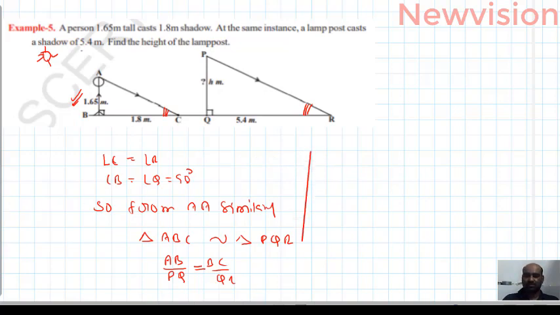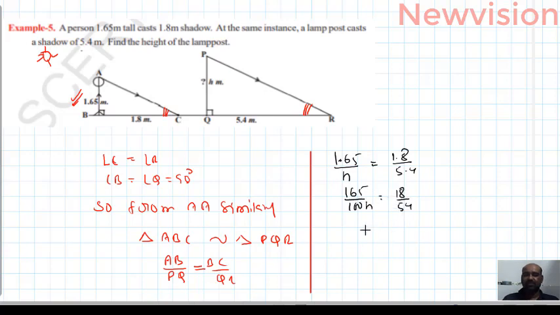Next, AB here is 1.65 by PQ, that is H, equals BC, 1.8 by 5.4. Now I want to simplify this. 165 by 100H equals 18 by 54. So H equals 165 into 54 by 18 into 100.